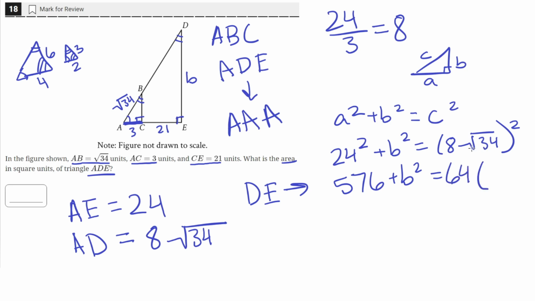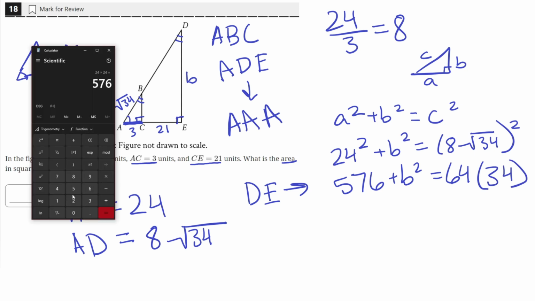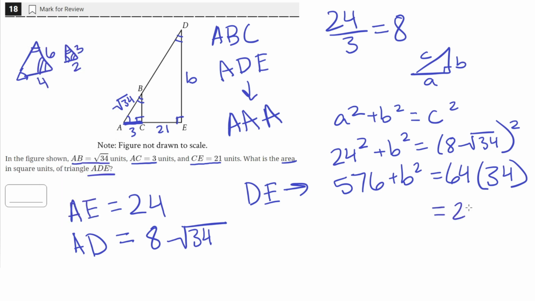And the square root of something squared just cancels out the square root and the square, so we'll just be left with 34 inside. Which if we put it in our calculator, 64 times 34 gives us 2,176, and then 576 plus b squared.